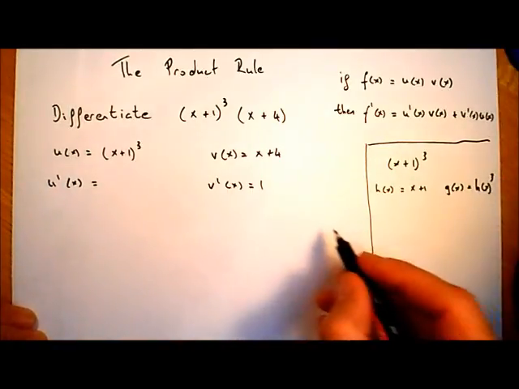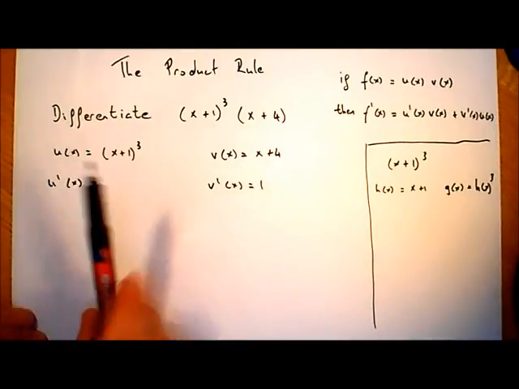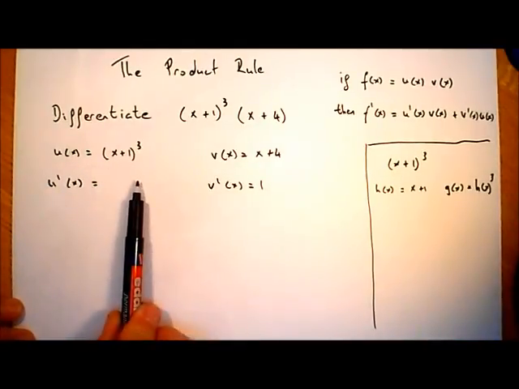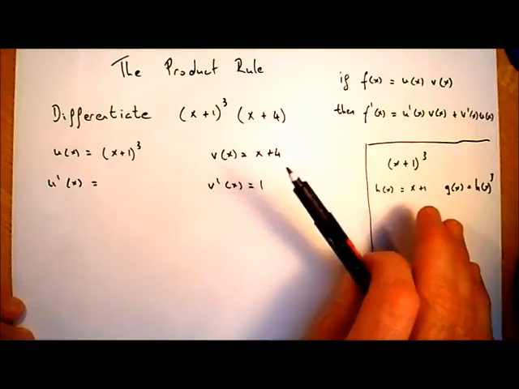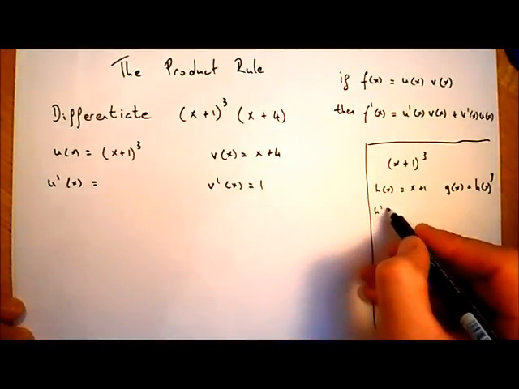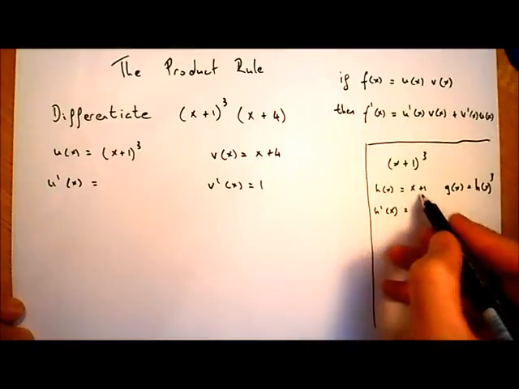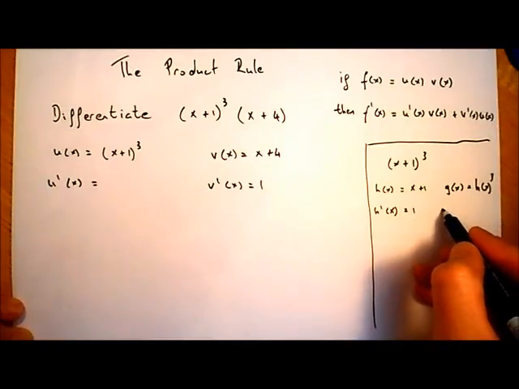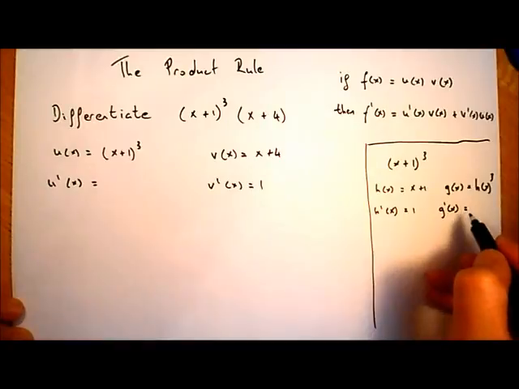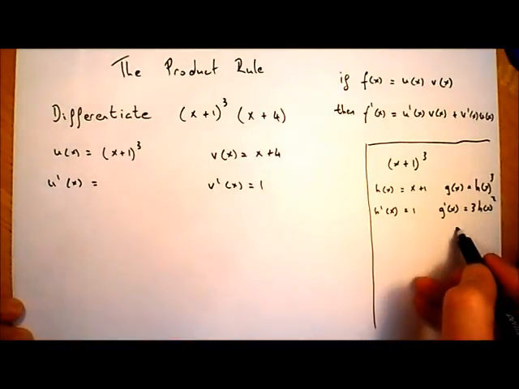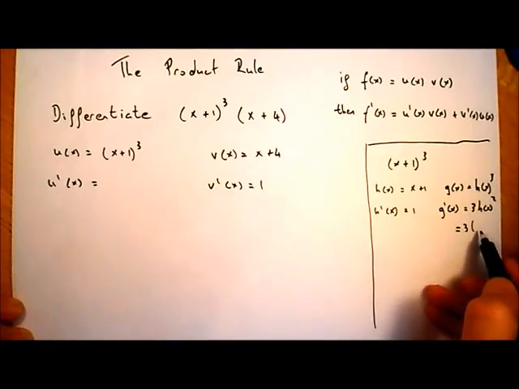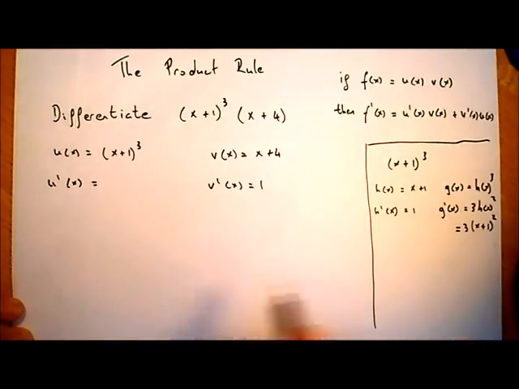Each one of these is easy to differentiate. I'm doing it over here because I just want to write the answer differentiated so I can fill it into the product rule, and I don't want to get too messy down here. So here I can find h'(x): I differentiate x+1 and I get 1. Here I can find g'(x): when I differentiate h(x) cubed, I just get 3 times h(x) squared, and h(x) is x+1, so that's 3 times (x+1)^2.